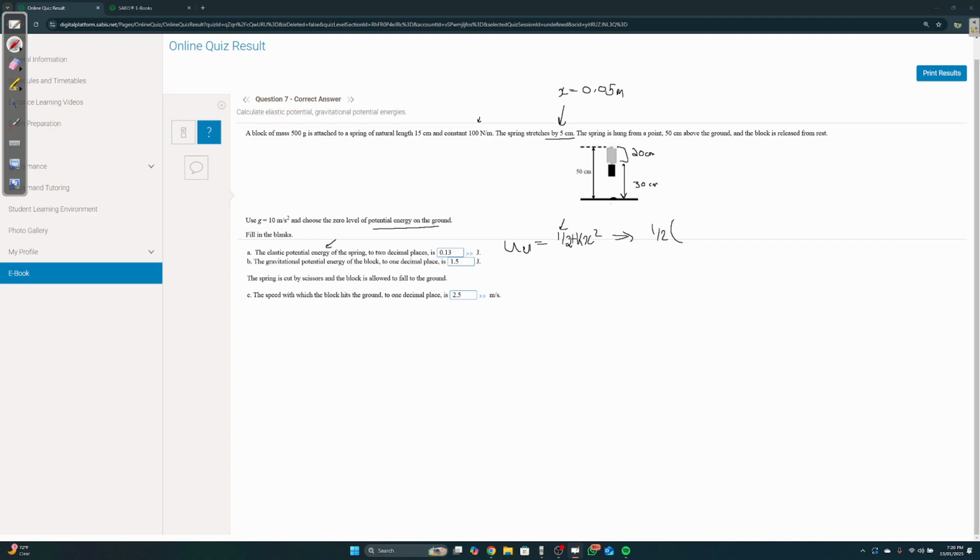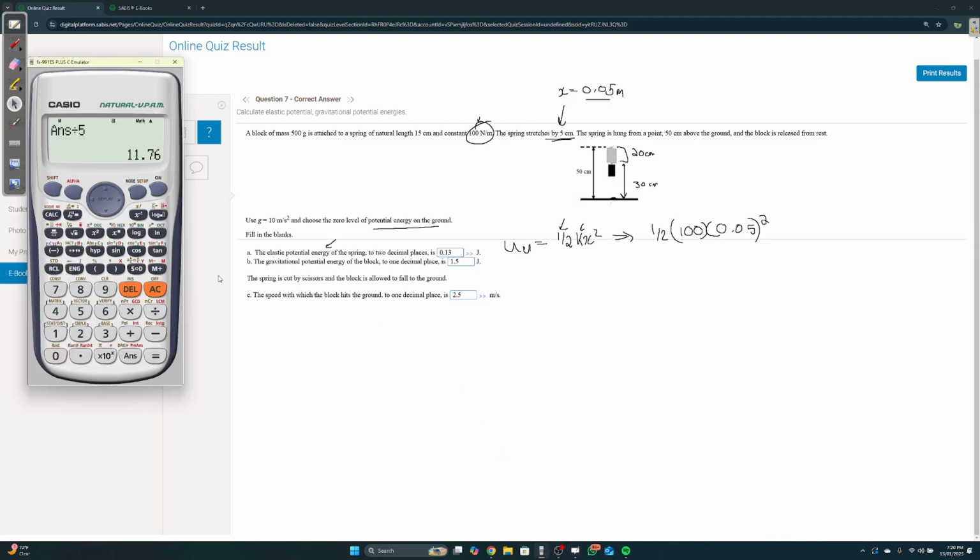Half, k is the spring constant, so 100, x squared, so 0.05 squared. x is not the length of the spring, it's the elongation. It elongated 5 centimeters. Okay, now you put it on the calculator: half times 100 times 0.05 squared is 0.125. So they said to 2 decimal places, surely it's going to be 0.13, right? Correct. First one correct.